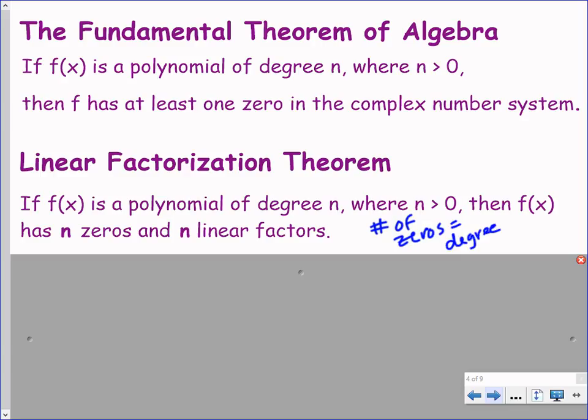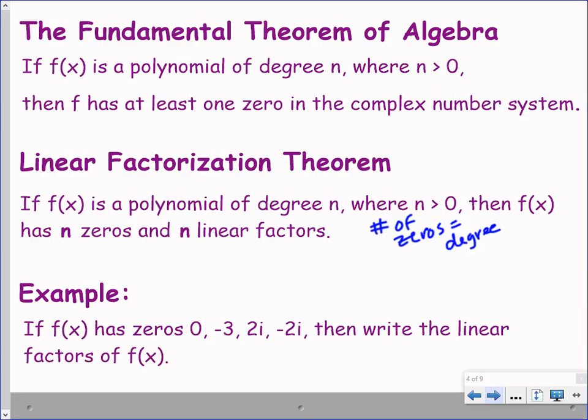It also means if you want to write that polynomial in factored form with linear factors, so all the factors are just x to the first as the highest degree, then you would have exactly that many factors. If the degree was 5, then you would have to have 5 factors that are linear. If one was quadratic, then you would only have 4. Okay? But this is talking about linear factors.